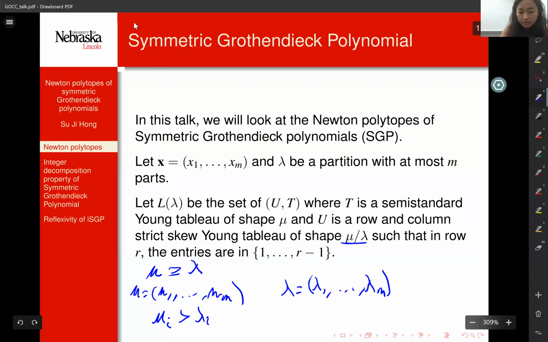And in fact, in row R, mu R minus lambda R, because of this condition, has to be less than or equal to R minus 1.